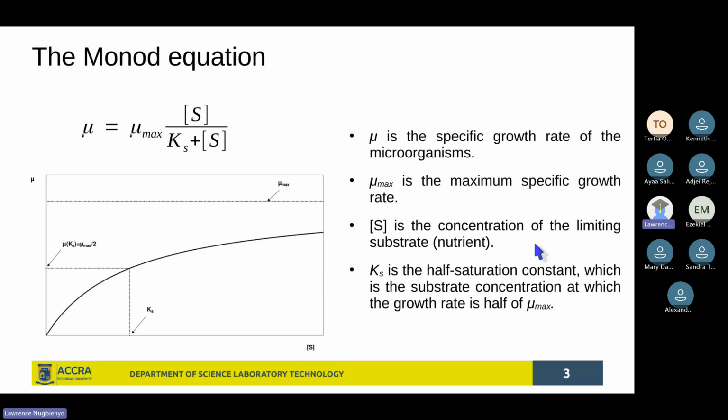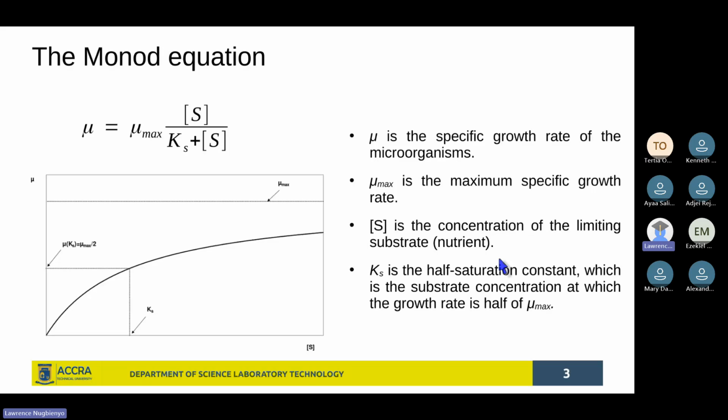That's the concentration of the nutrient which is introduced into the bioreactor. It is on that nutrient that you have the microorganism feeding and making use of that nutrient to produce a particular product of interest that can be harvested.